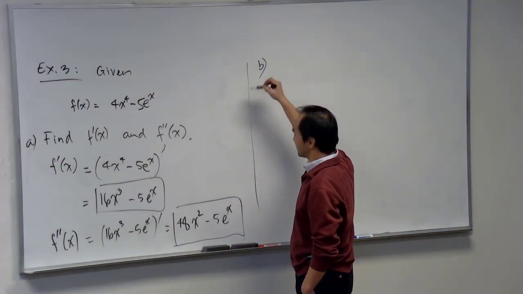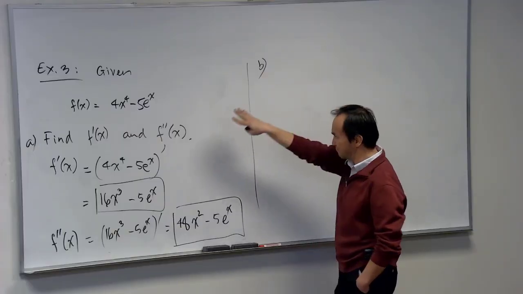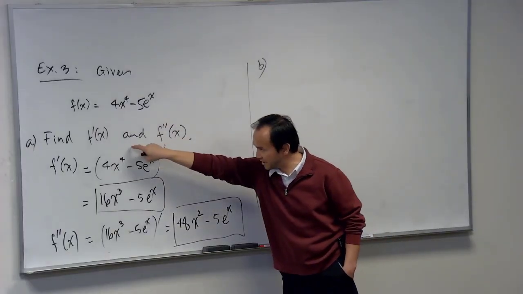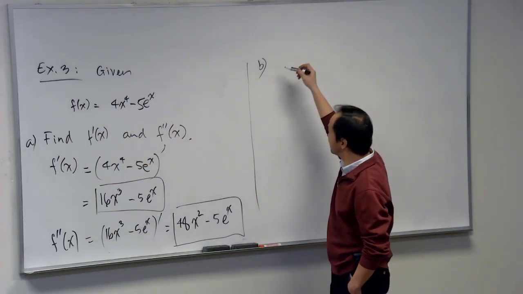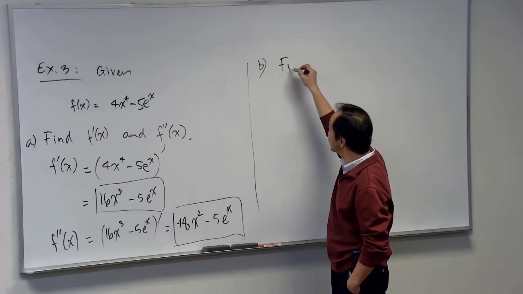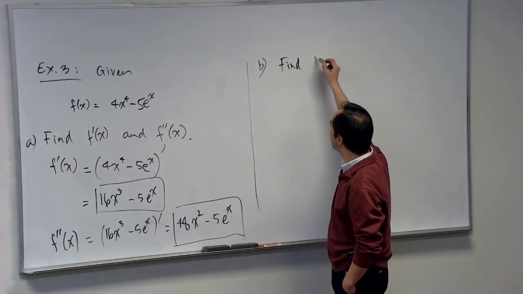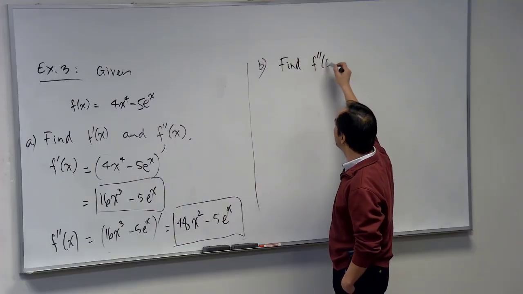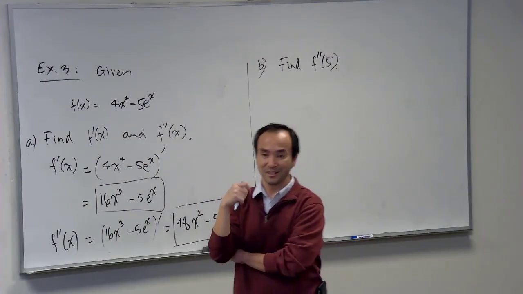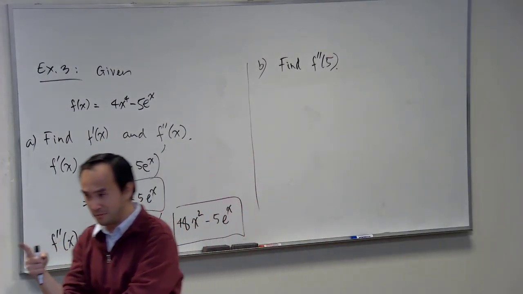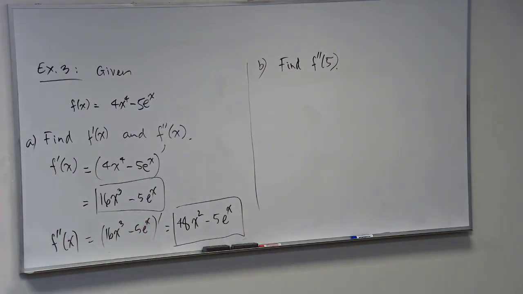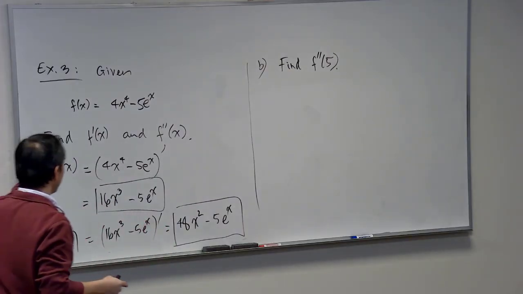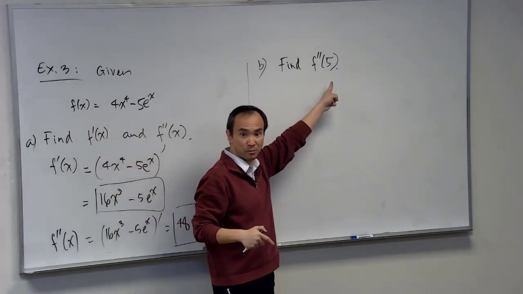So now think about it. In a later problem, same function, starting out, we first found the first derivative and second derivative. The reason we were doing that is because there could be a time where you're asked to find f double prime of 5, you see what I mean? The real problem could be, here's your function, find f double prime of 5.